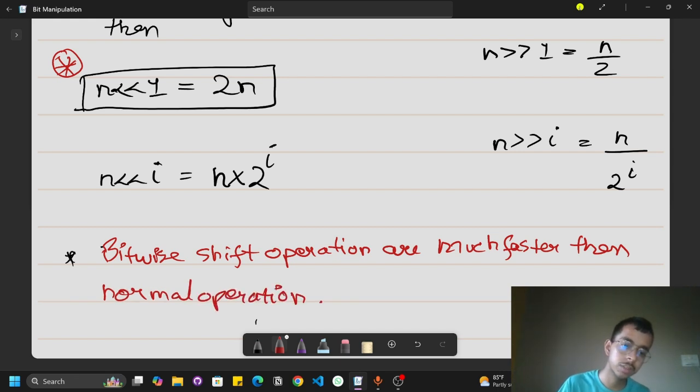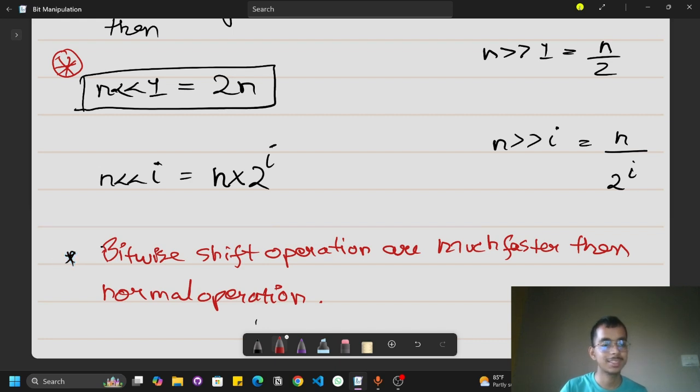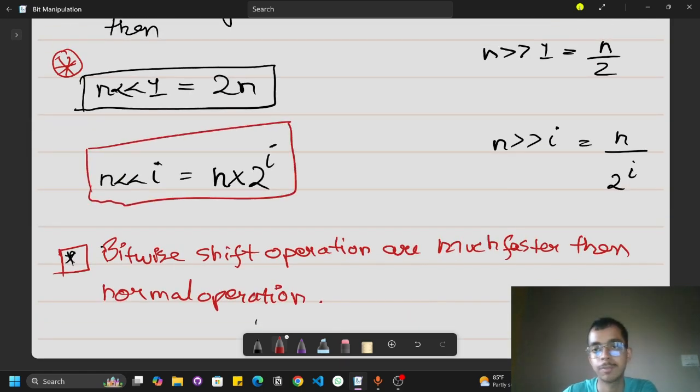Bitwise shift operations are very fast as compared to normal operations.